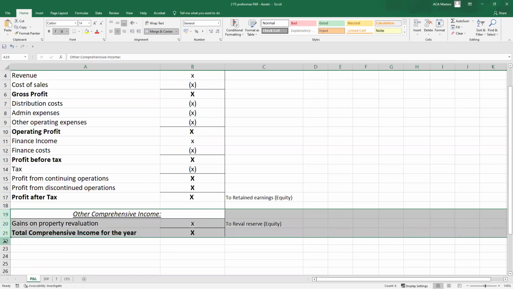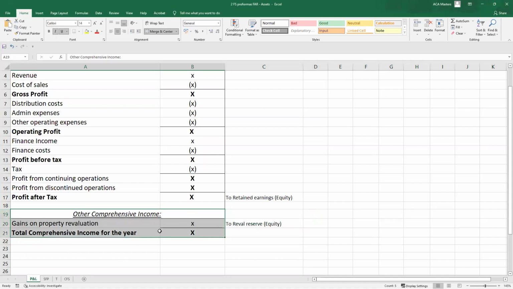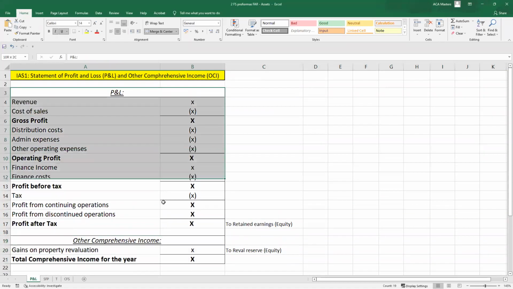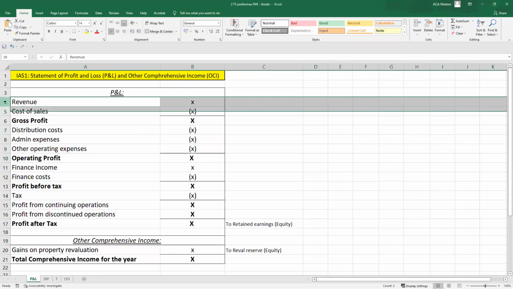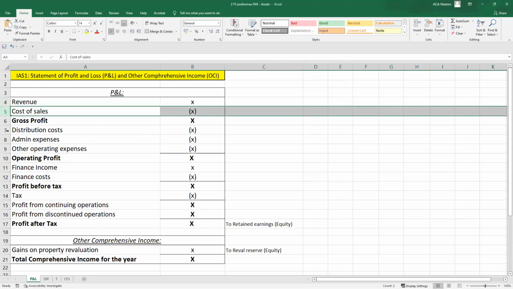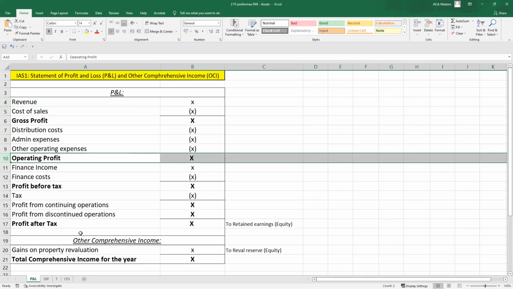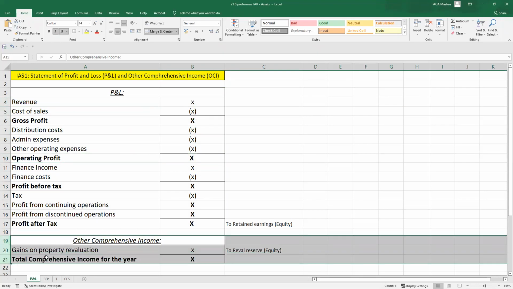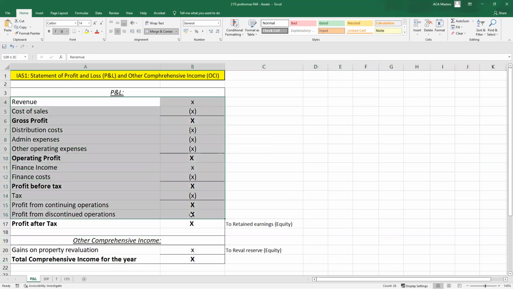Now, if you revalue your head office and you have a big gain for that, then if you were to record that in the P&L, which records normal trading activity, so selling the goods and services that the business provides minus its costs of providing those goods and services to get down to its operating profit, then that could really distort the P&L.